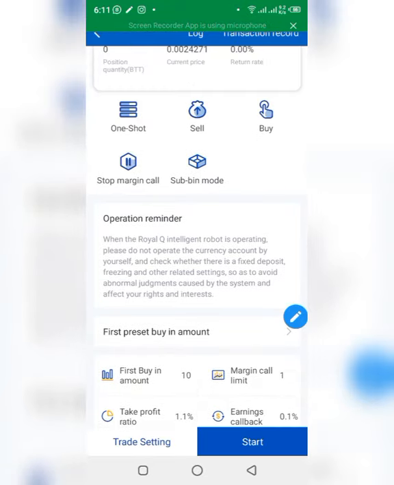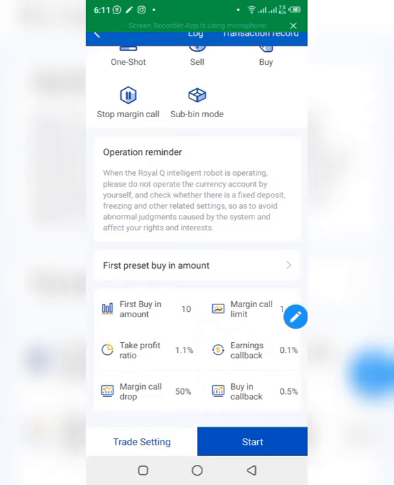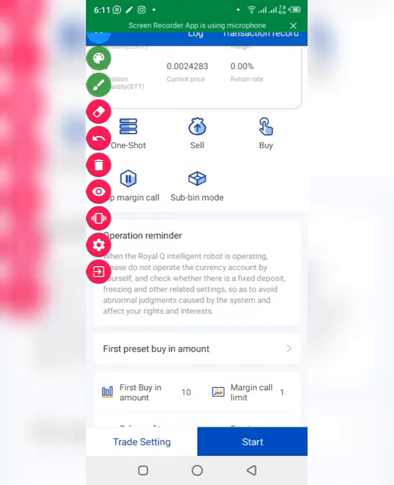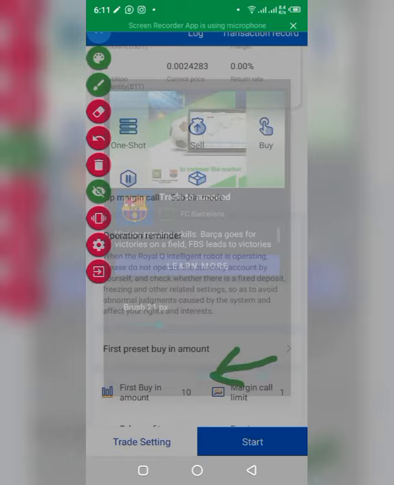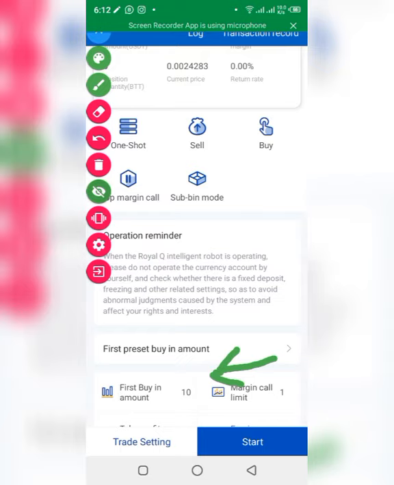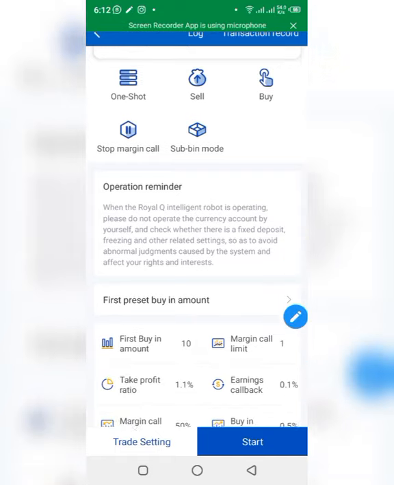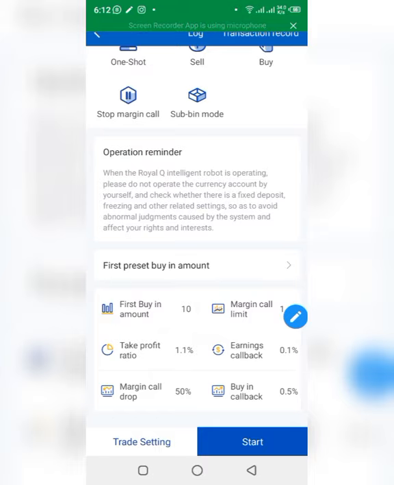So to prevent that totally from happening, or if you want to stop any coin from buying the dip for you, even if you have set the margin call limits to 10, 20, 100, all you need to do is turn off the stop margin call. Okay, once you turn off the stop margin call, the bot will not buy the dip for you. So this is basically one of the best settings you can use in a bearish market.